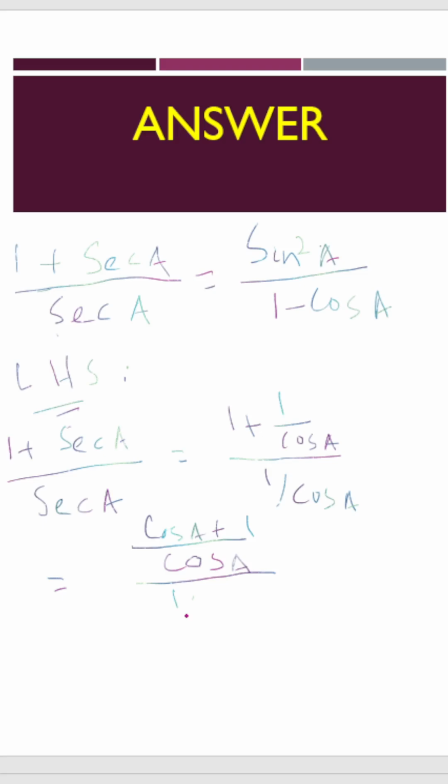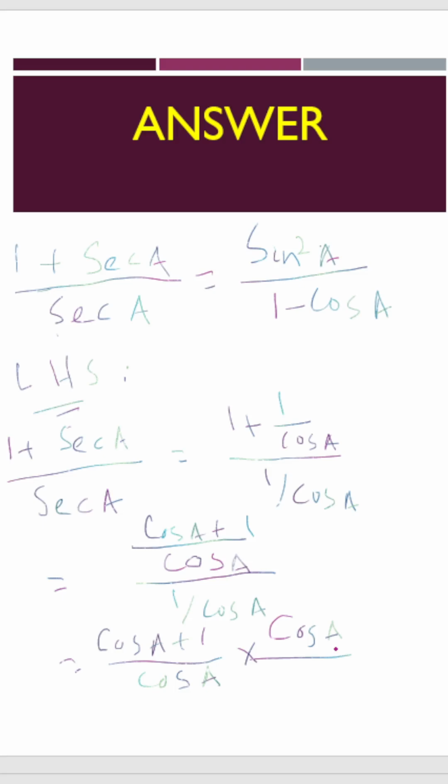When you take this denominator into the multiplication side, you remember that the denominator becomes the numerator and the numerator becomes the denominator. Cos A plus 1 by cos A is the numerator side, multiplied by cos A divided by 1.